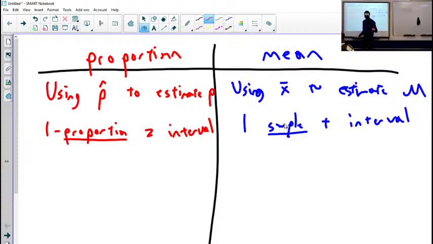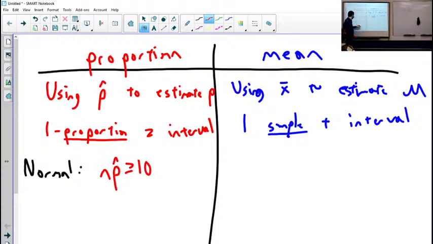Your random condition is the same. Is it a random sample? Your independent condition is the same. It's the 10% one. Take 10 times sample size. What is different is the normal condition. To check the normal condition, over here, we're going to check n times p hat and check to see if it's at least 10, and n times 1 minus p hat and see if it's at least 10.